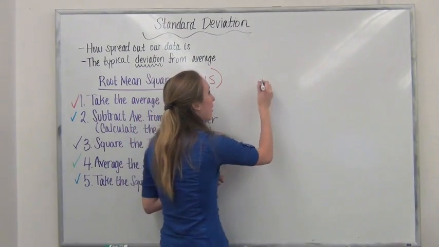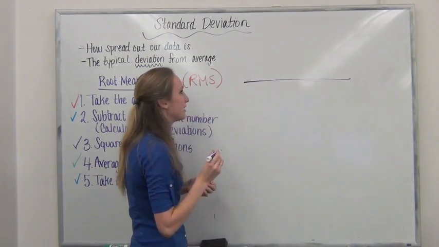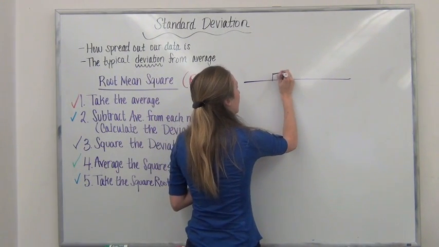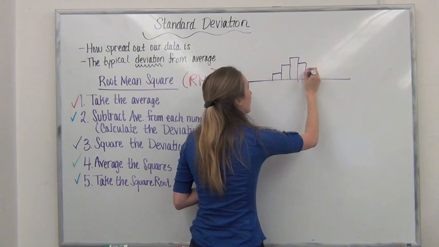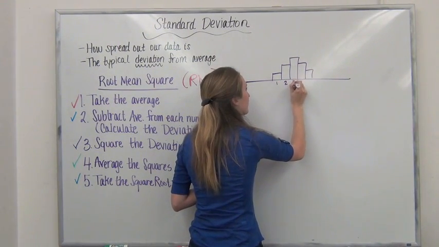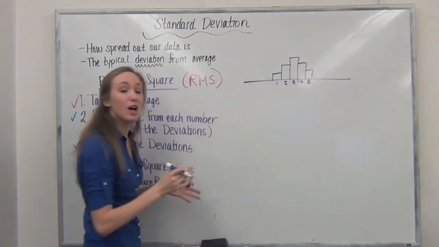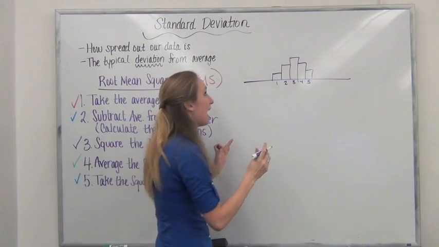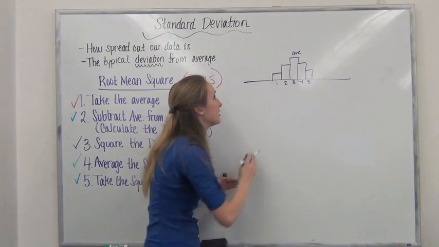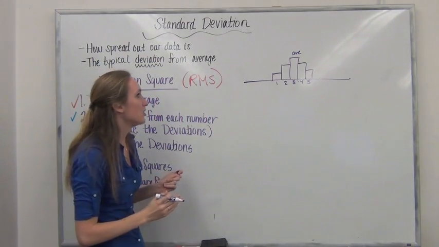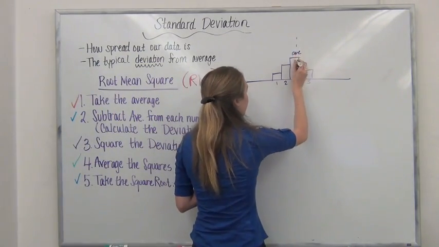Say that we have a nice normal histogram that goes from 1, 2, 3, 4, 5. There's all our data, all clumped together neatly, and our average would be 3. It would also be our median because it's so beautifully symmetrical.